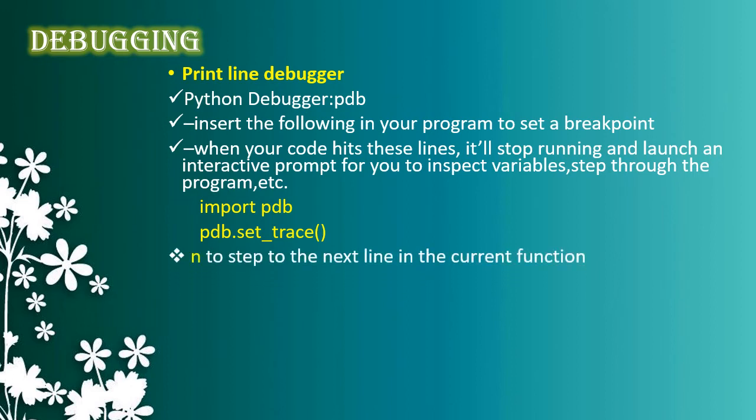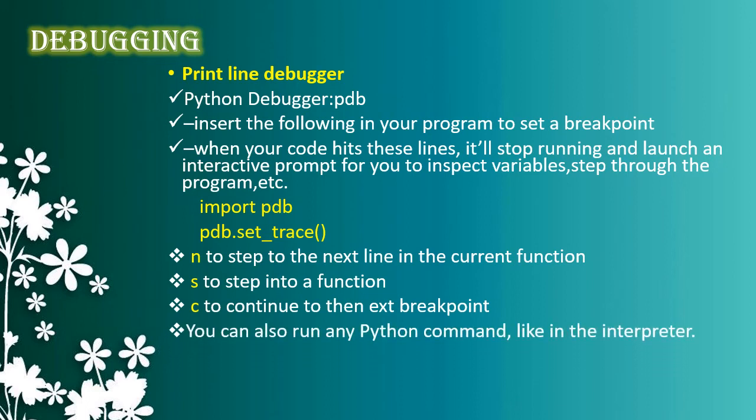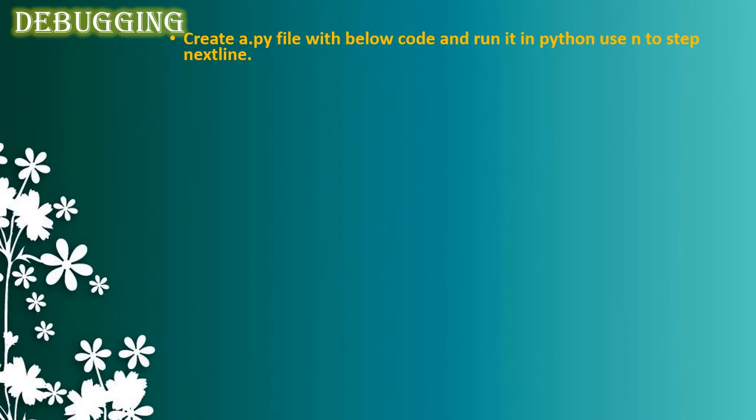Next, if you press the letter n, it will go to the next line in the current function. s is to step into the function, c is to continue, and b is for breakpoint. Anybody can run that from the Python command line. For that example, create one file a.py. The n letter is used to go to the next step.